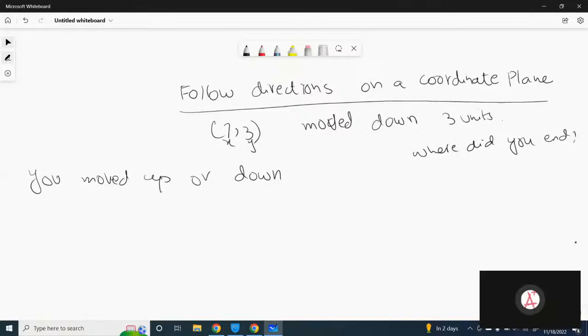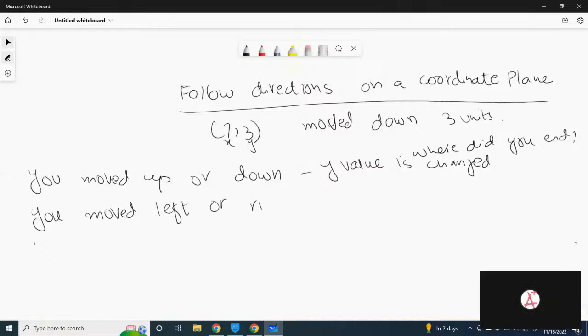That means whenever you move up and down, the y value is changed. Got it? And whenever you move left or right, the x value is changed. Got it?